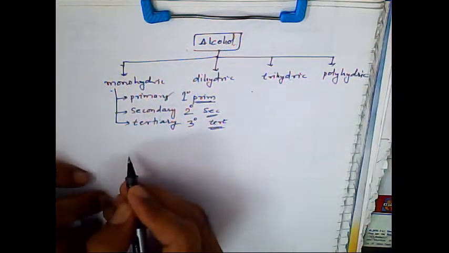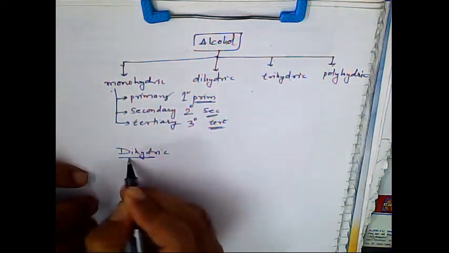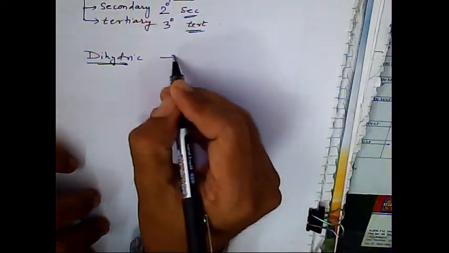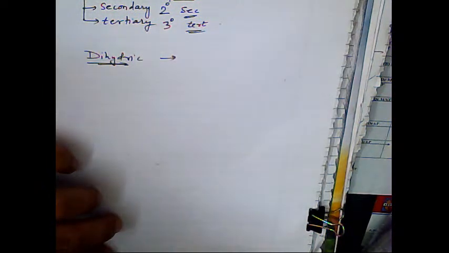Now come to the second class, dihydric alcohols. As the name suggests, dihydric means 2 OH groups are present.